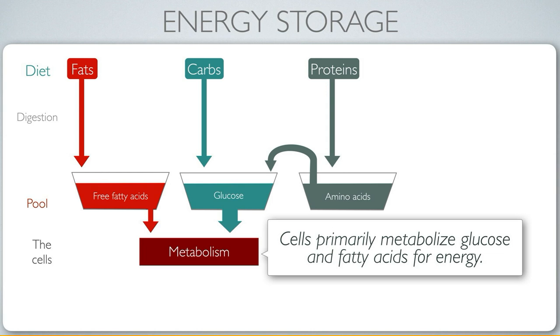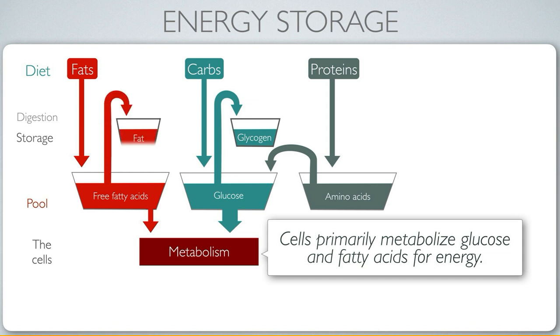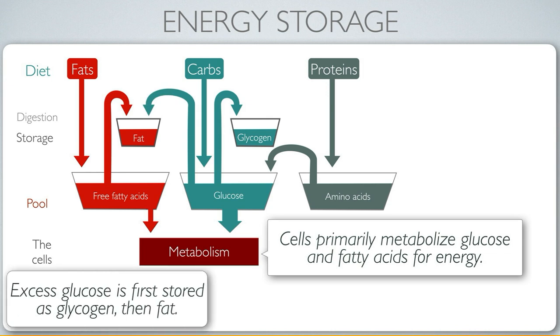So glucose can be fairly readily converted into a larger molecule known as glycogen that occurs within the liver and in skeletal muscles. Free fatty acids are packaged into fat, stored in fat cells. And then glucose can also be stored away into fat in those adipose cells.